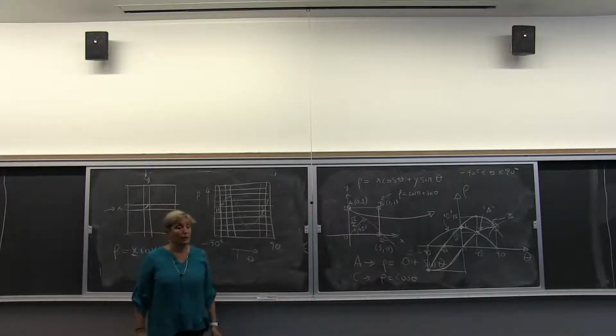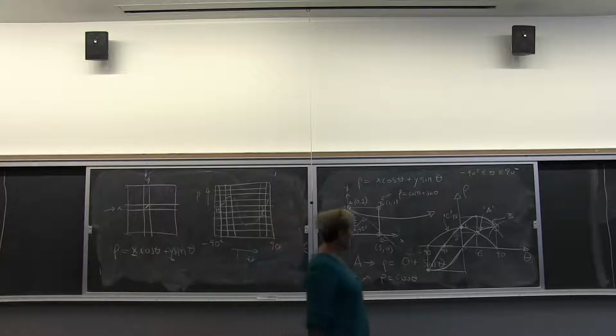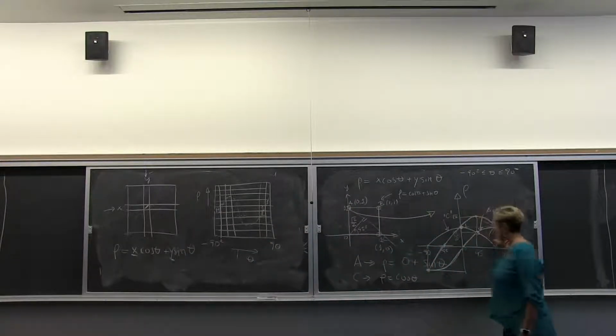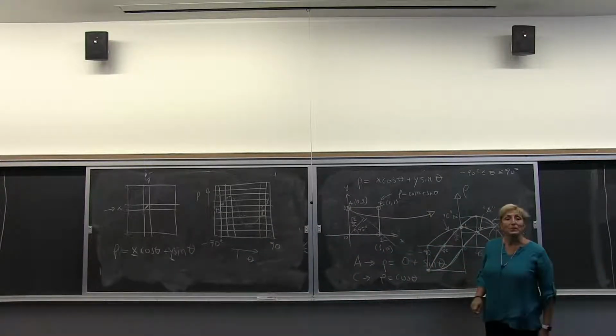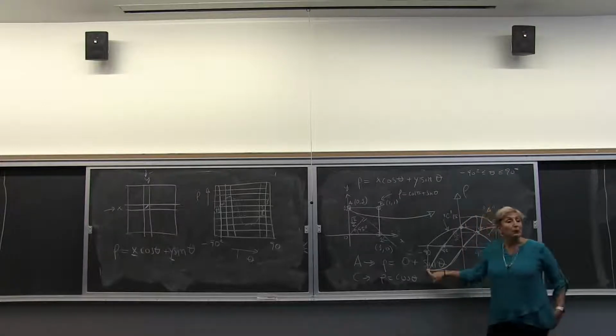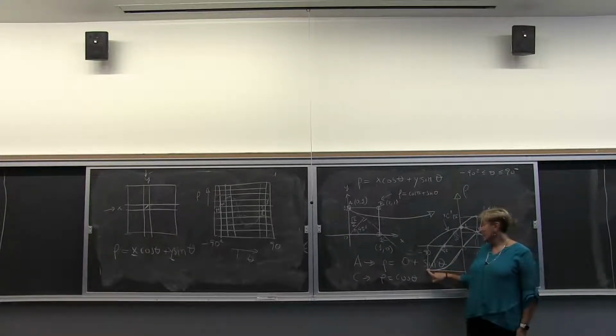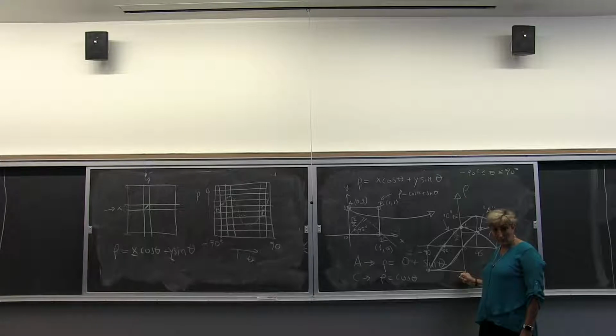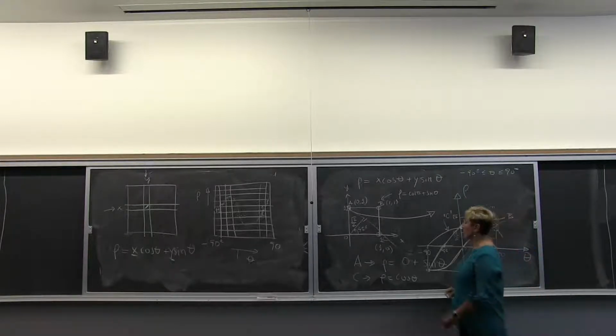The lines A and B intersect at that rightmost point. But what about the leftmost point? Very good question. So what's this point? This point has theta minus 90 and rho minus 1. Let's write the equation for that.